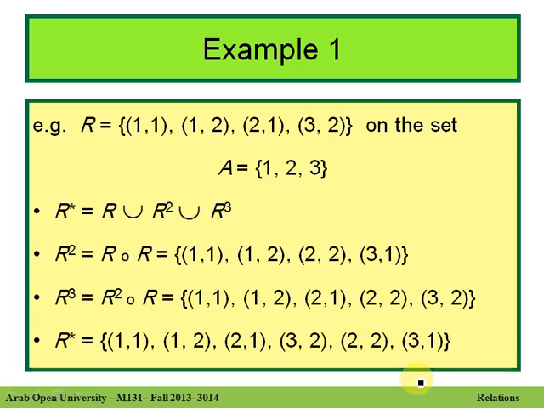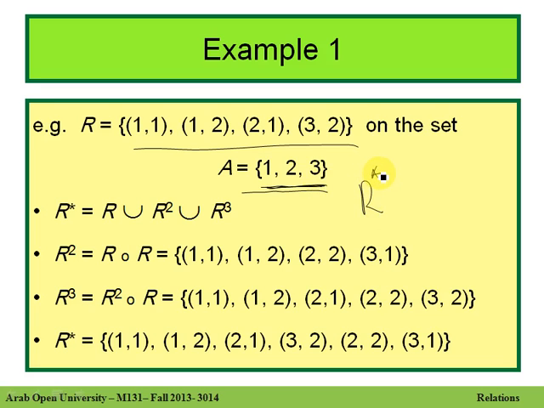We'll take an example to understand this. If this is a relation on the set {1, 2, 3}, it has (1, 1), (1, 2), (2, 1) and (3, 2). Now to make it transitive, we'll count the number of elements in the set, and we are going to union these.